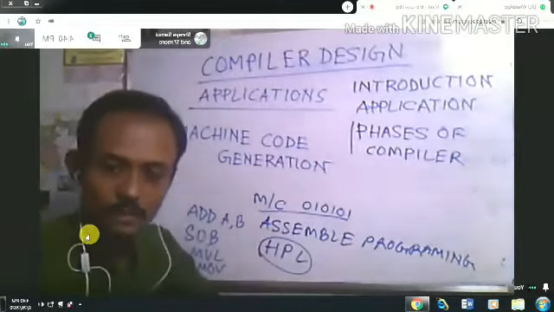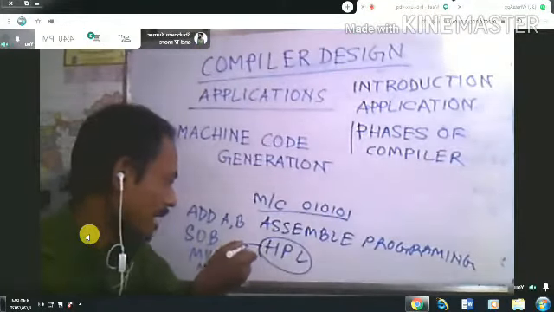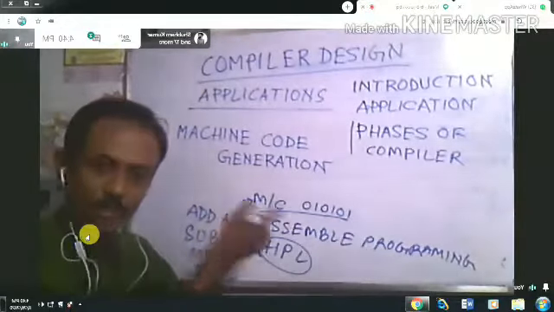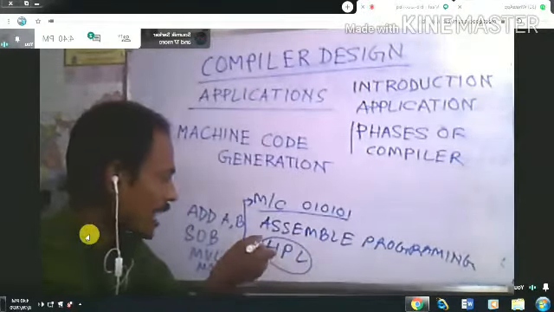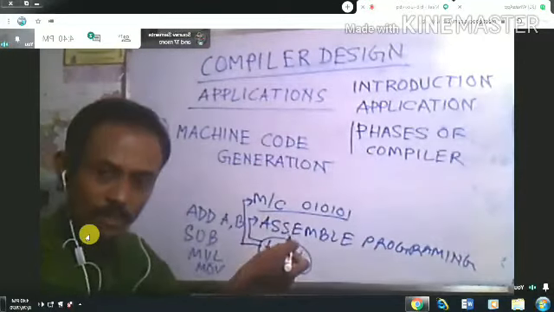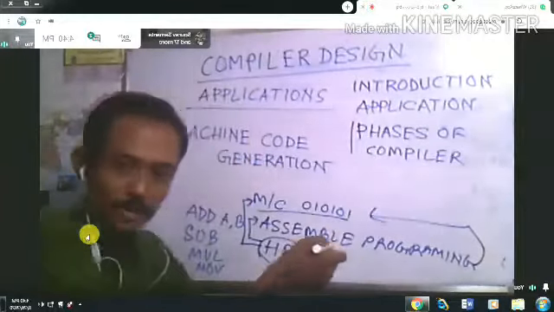The compiler is also one such software. Sometimes from a high level programming language we can convert directly into machine code without converting into assembly code. Sometimes from the high level language it is converted into assembly, and sometimes from assembly into machine code.